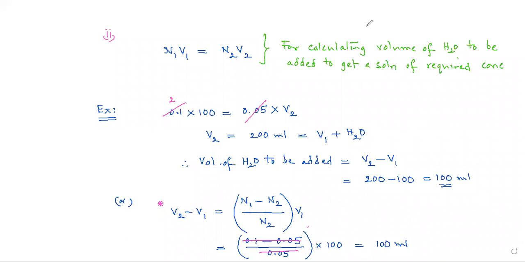Next. Now the interesting ones. Rule of molarity. See, this can be given as M1 V1 by N1 is equal to M2 V2 by N2.